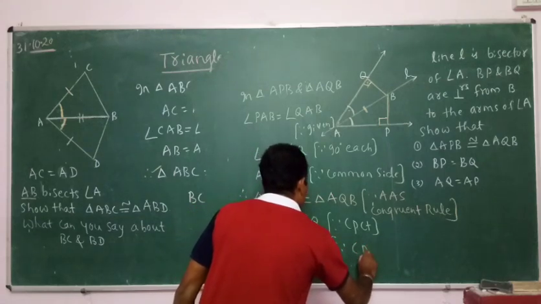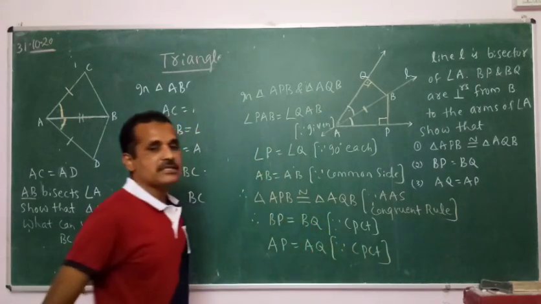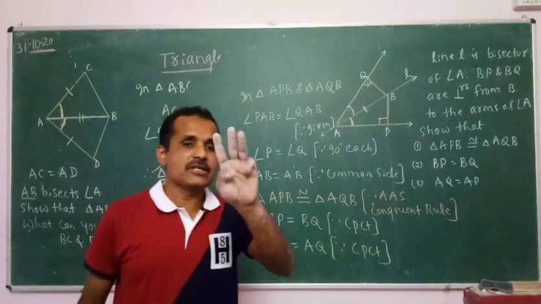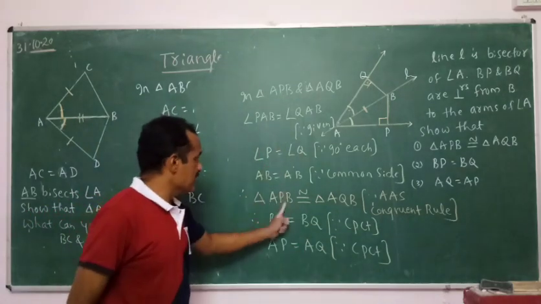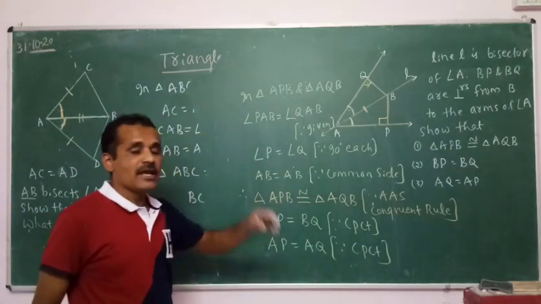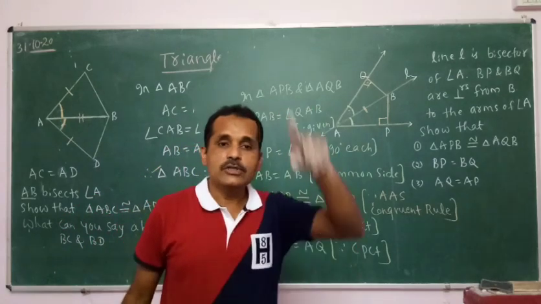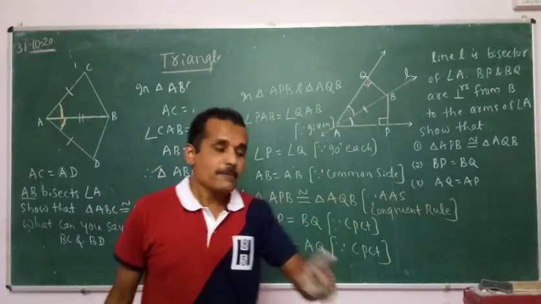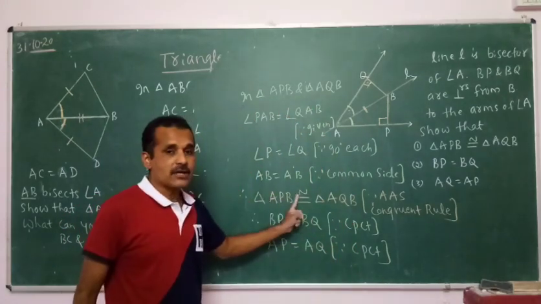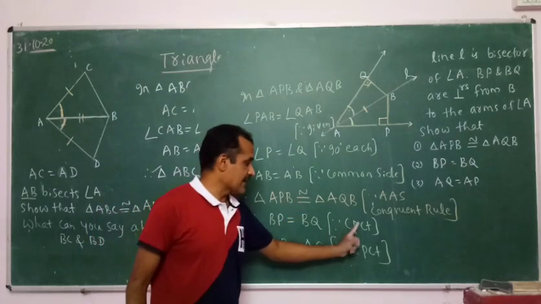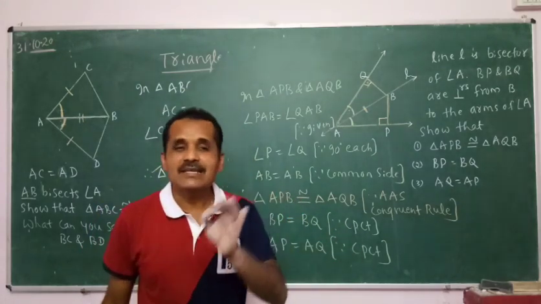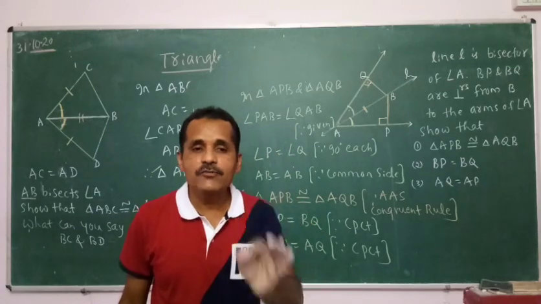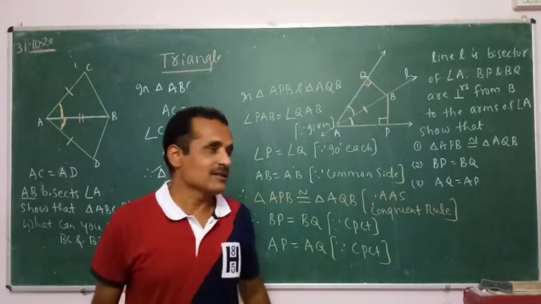That is also because of simplicity. All the other three things are also equal to each other, but only after proving the triangles are congruent, and for that you can add the reason: corresponding parts of congruent triangles.